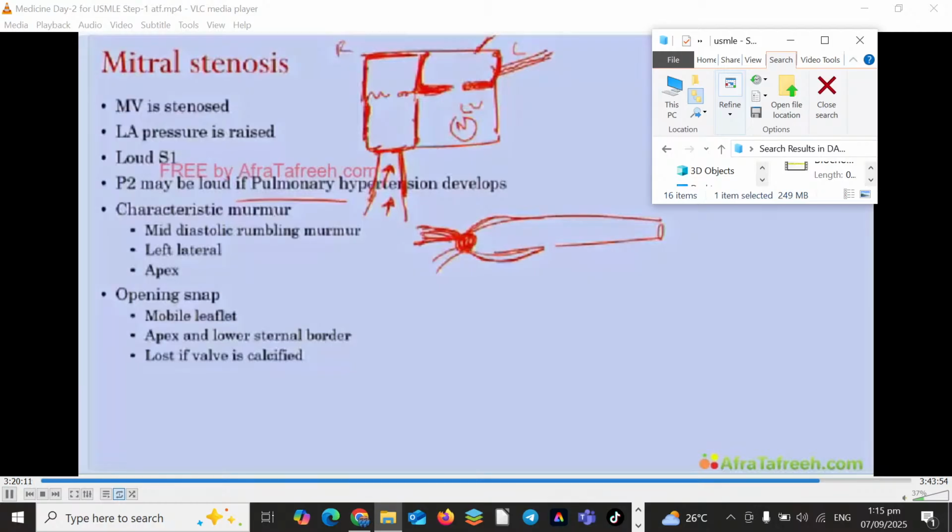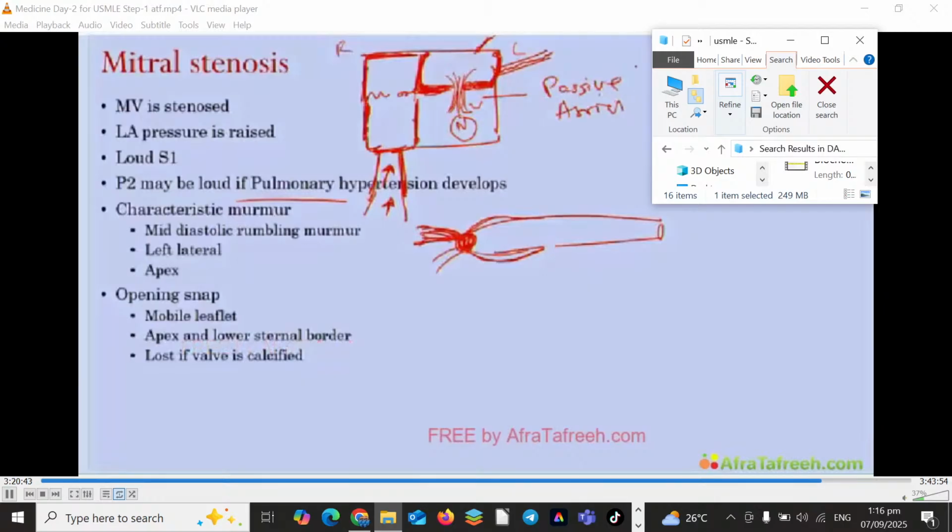mid-diastolic murmur. What I need you to understand is any murmur is produced when there is a flow through that orifice. Whenever there is flow through that defect, there would be a murmur. This flow happens during diastole. We just saw it at length. One would be the passive flow and then the atrial contraction flow.